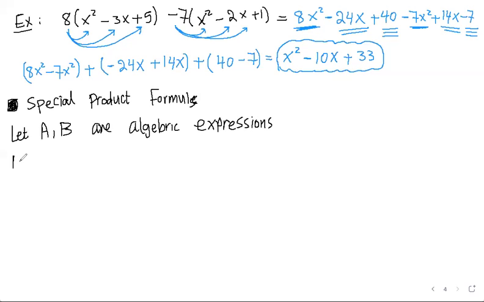So the first property, we have some properties: A squared minus B squared is equal to A minus B times A plus B.